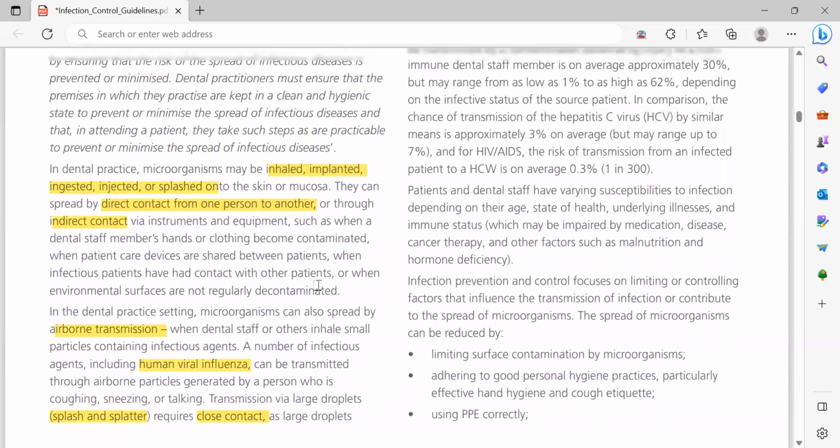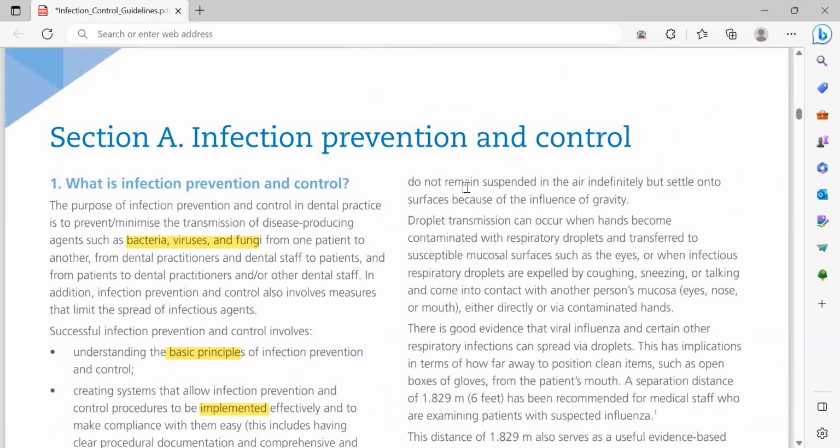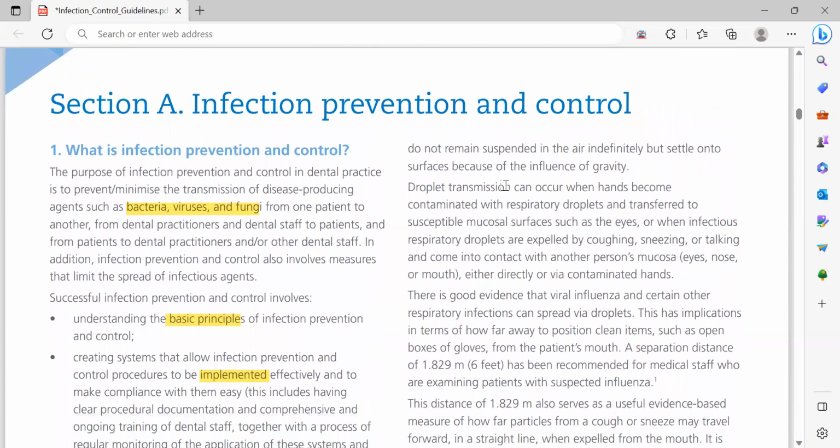So they won't travel much distance and do not remain suspended in the air indefinitely, but settle onto surfaces because of the influence of gravity. For example, if we sneeze, certain droplets come out from our mouth, and they can be infectious or a source of contamination.